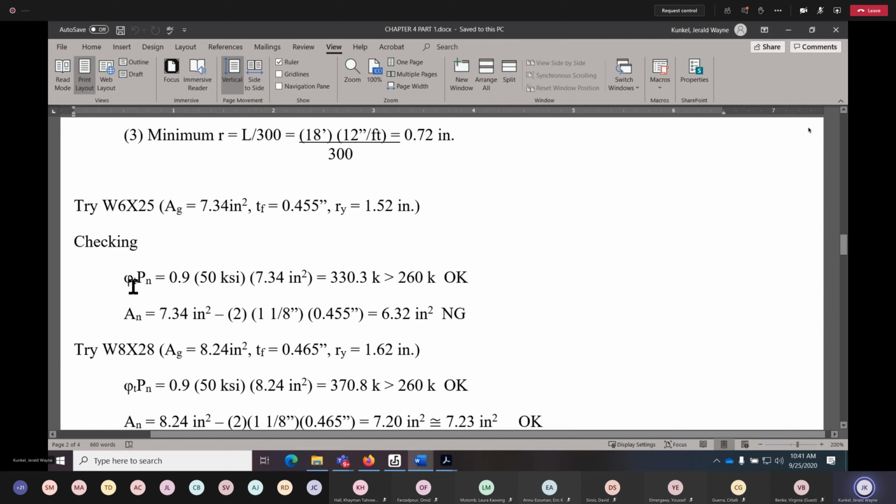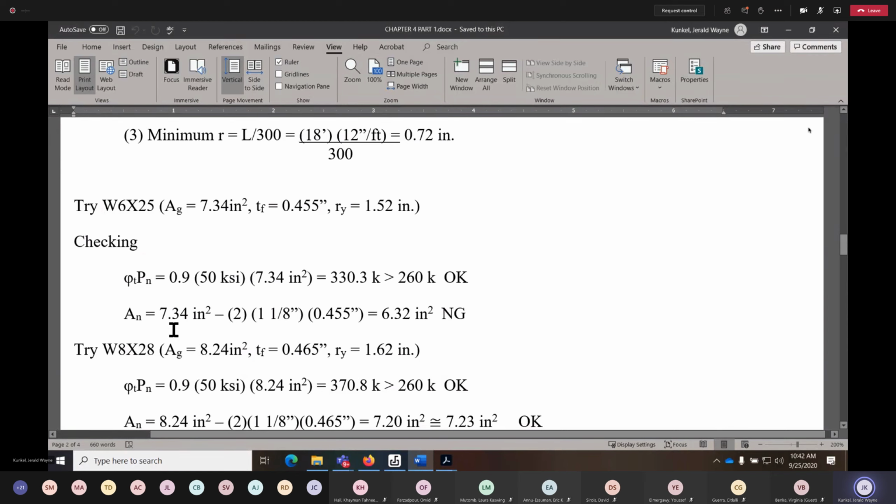The nominal strength is 0.9 times 50 KSI times 7.34 square inches. That's 330.3. So based on the gross area, we're good to go. Now, based on the net area, we need a net area that is greater than the area of the 6 by 25.